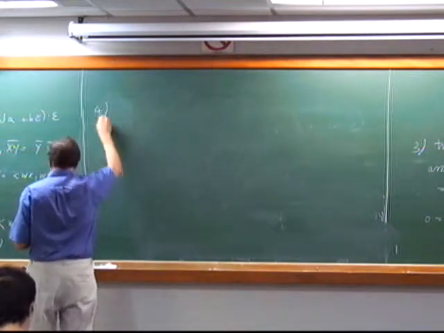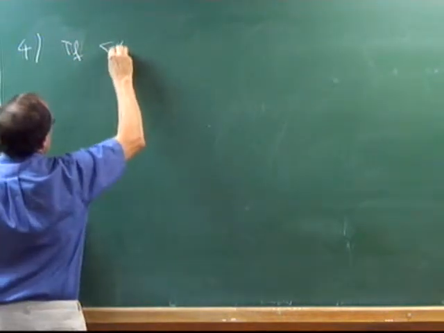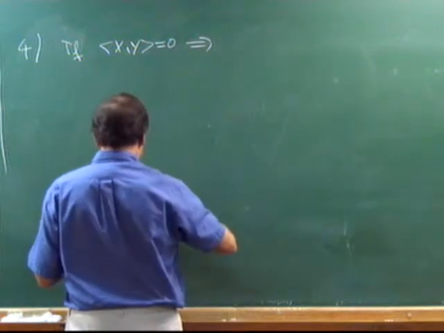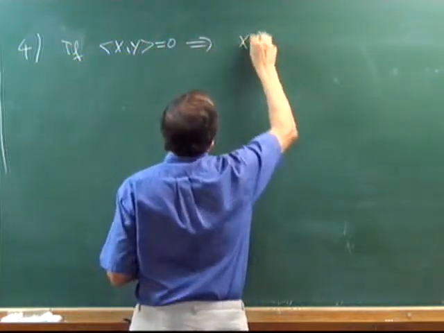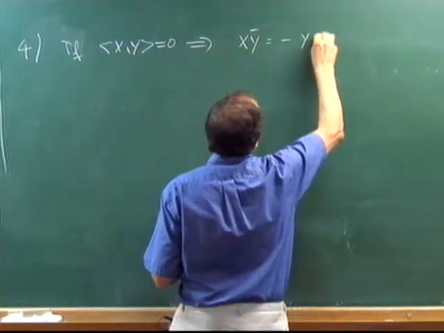Property 4. If x and y are orthogonal, this implies that xy bar is minus yx bar.